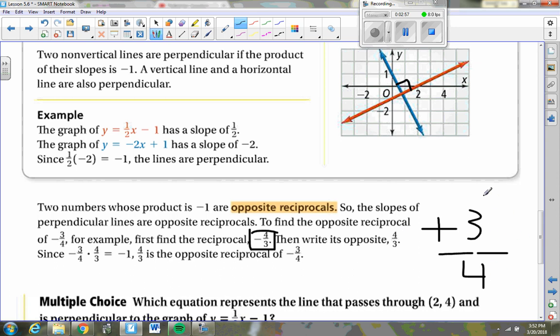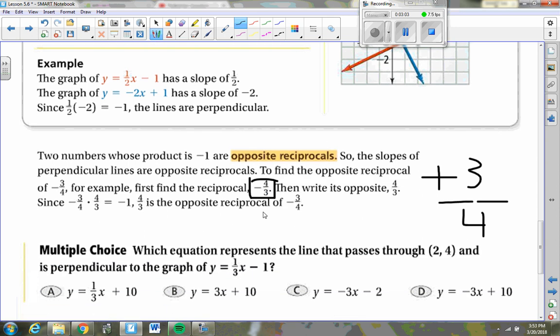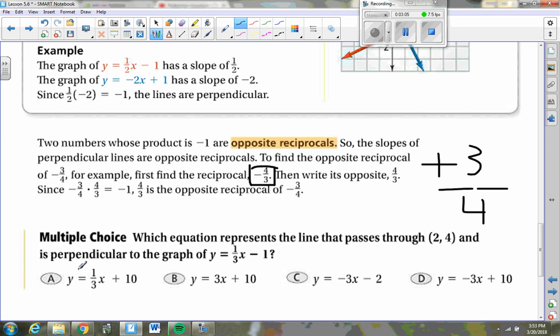So if we want a line that's perpendicular to this equation right here, the first thing we have to do is identify the slope of this equation and then find its opposite reciprocal. The slope of this equation is right here. It's 1/3.